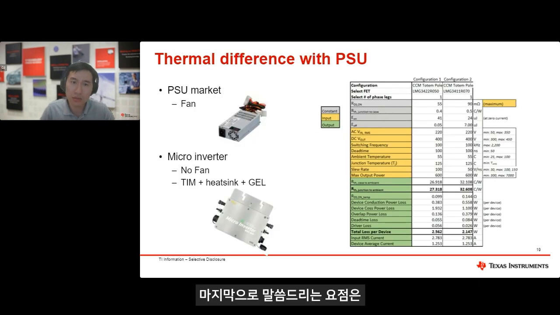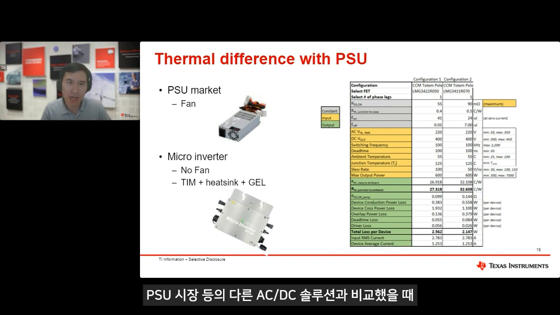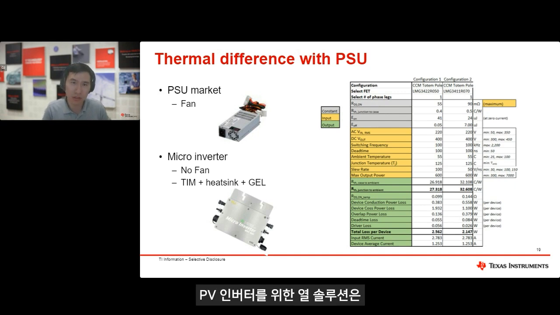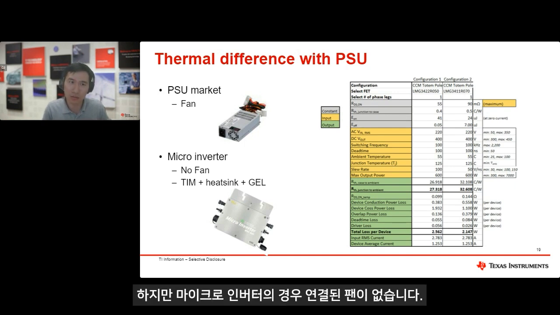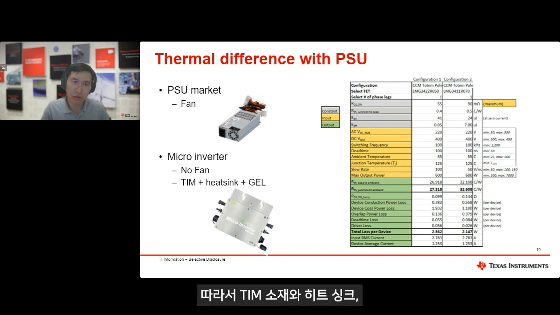The last point I want to talk about is the thermal solution. Compared with other AC/DC solutions like the PSU market, the thermal solution for a PV microinverter will be different. PSUs use a fan, but for a microinverter there is no fan, so purely we need to use thermal material plus heat sinking to solve the problem.